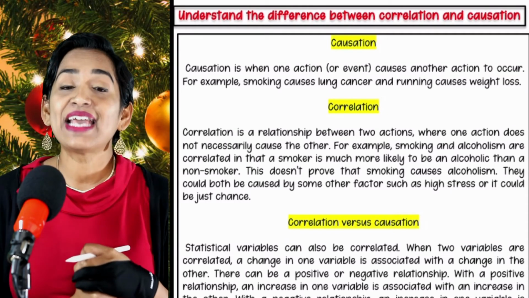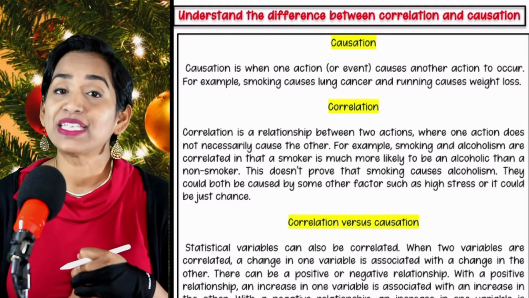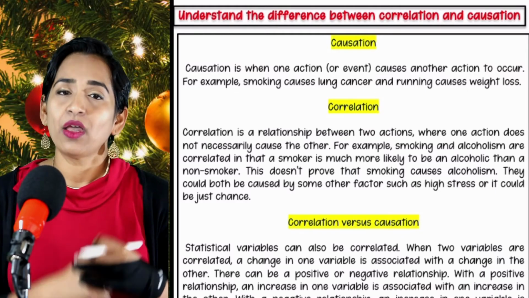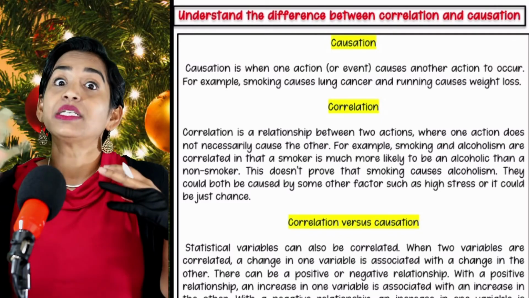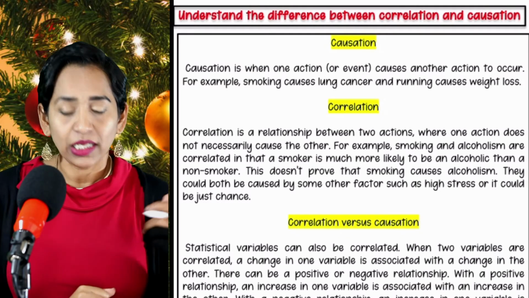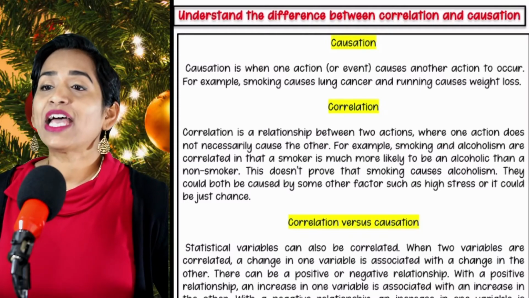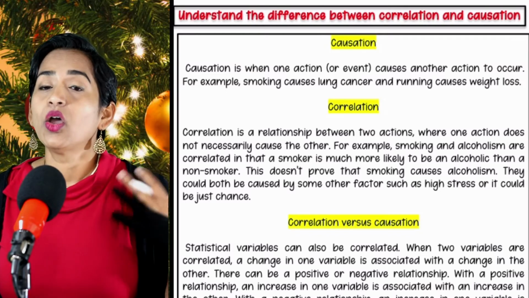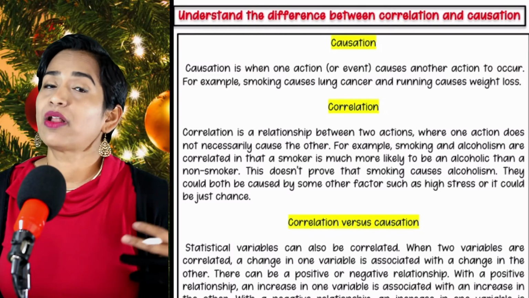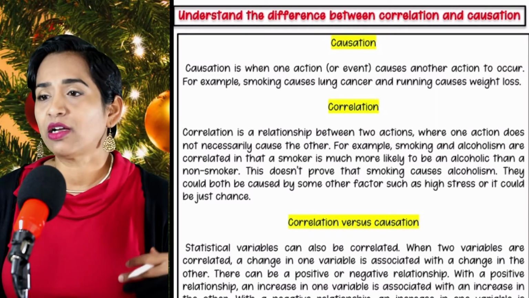It is understanding the difference between causation and correlation. Causation is something that forces something to happen because something happened already. Causation is when one action causes another action to occur. For example, smoking causes lung cancer, running causes weight loss.